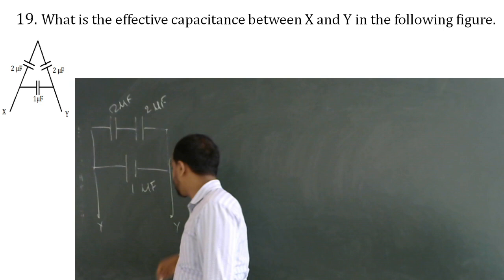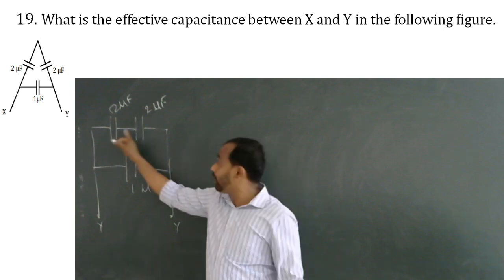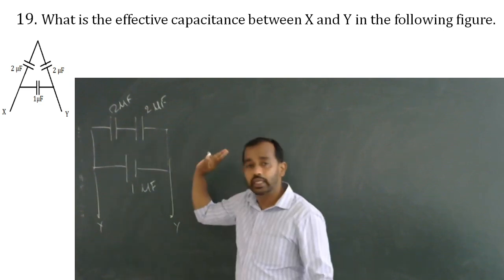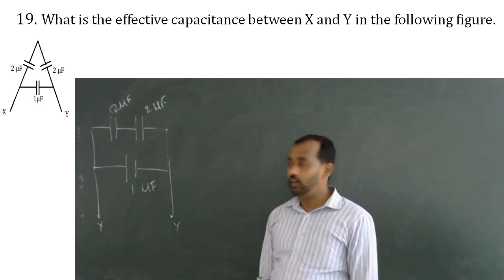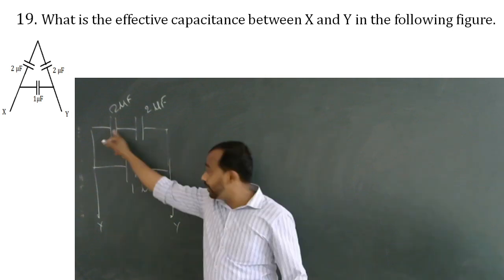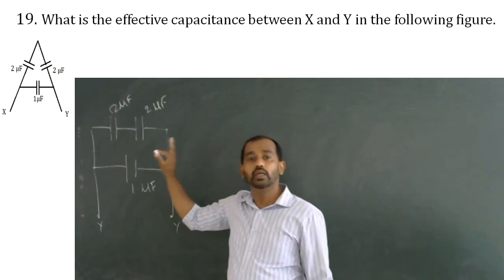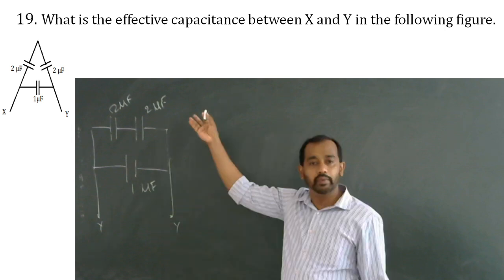First, we have to combine these 2 capacitors in the given branch. Since they are equal and in series, the effective capacitance of these 2 will be equal to C by 2, that is 2 by 2 microfarad, or 1 microfarad.